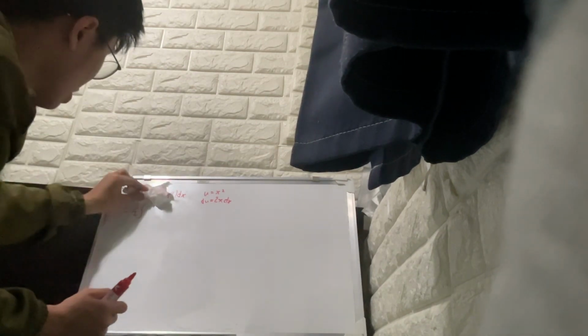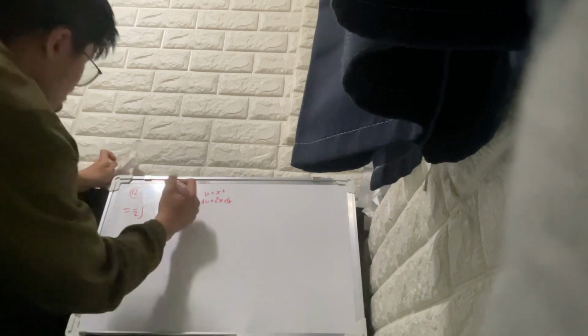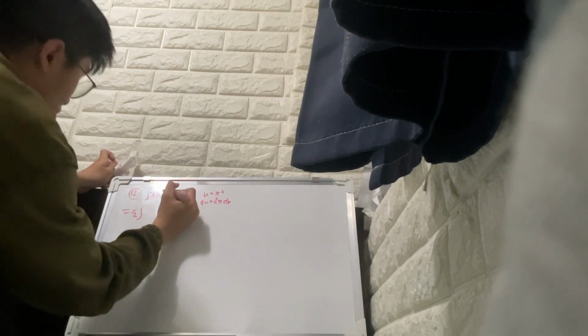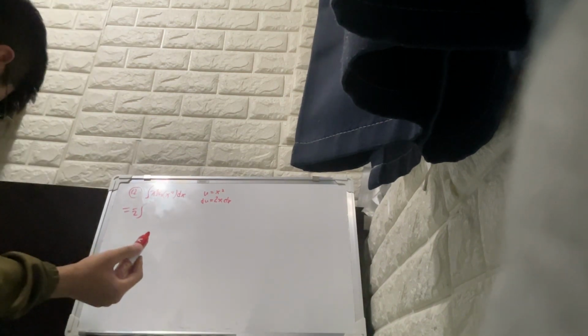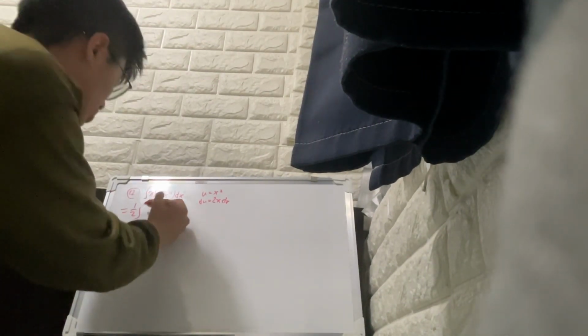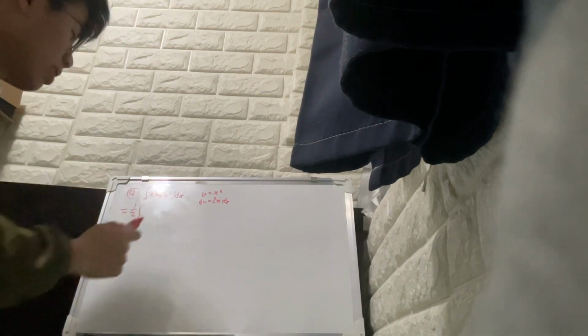Be careful, I write kind of ugly. The integral of x squared sine, sorry, my fault. So you just get 1 over 2 here. And then 2x dx, they are combined to du.